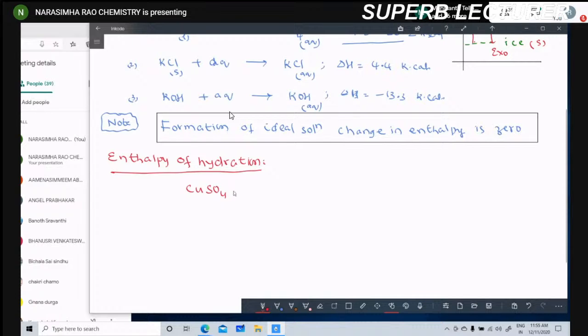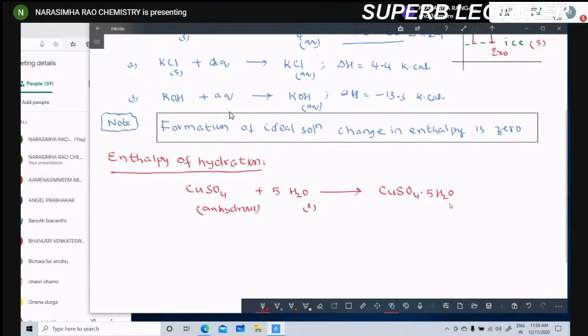With no water molecules, it is anhydrous. The anhydrous state combines with the requisite number of H2O molecules, liquid state, to form the more stable salt.